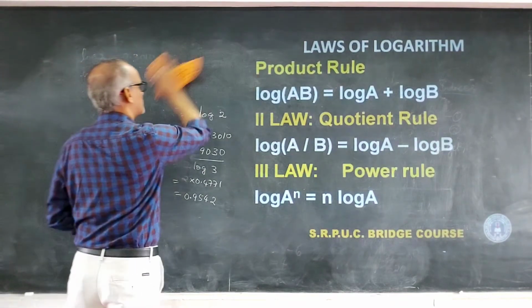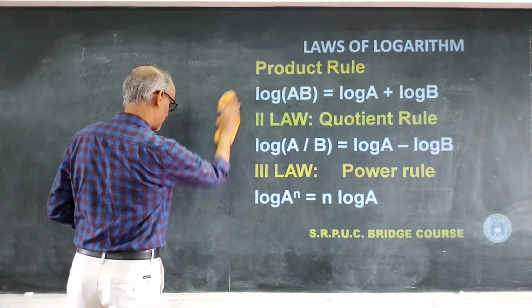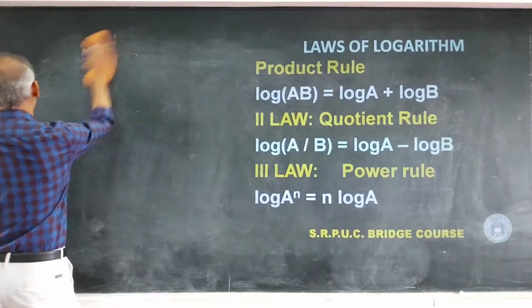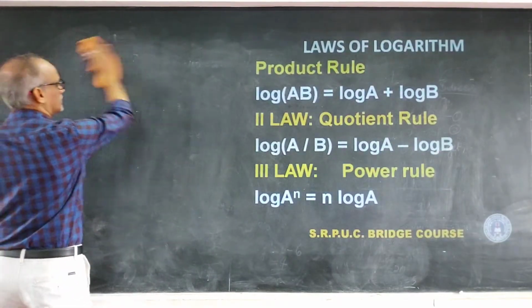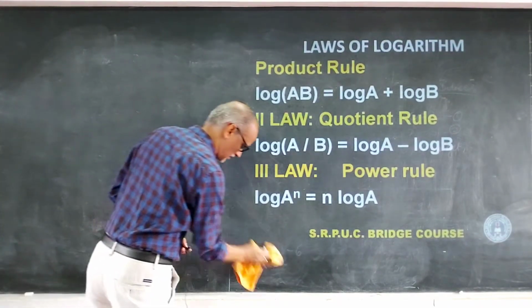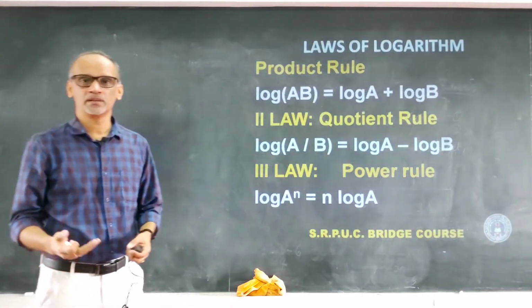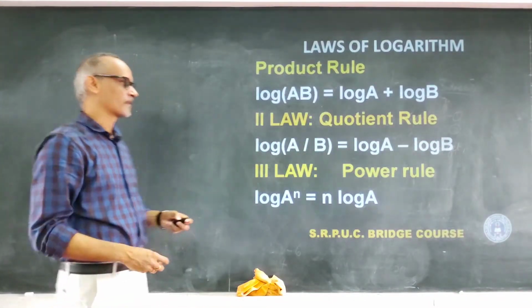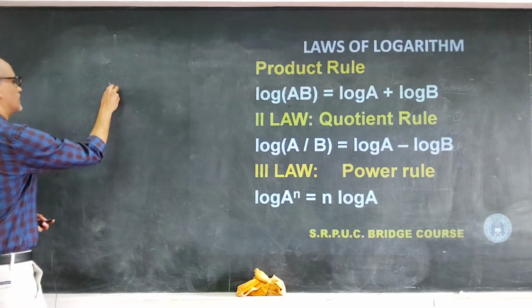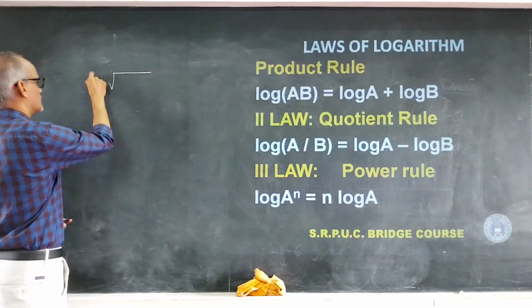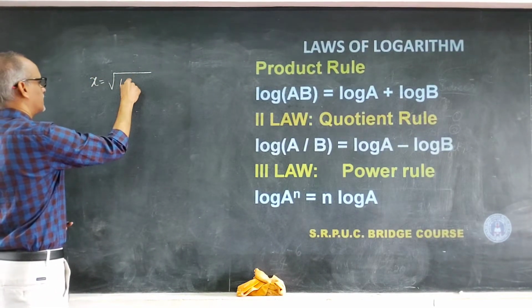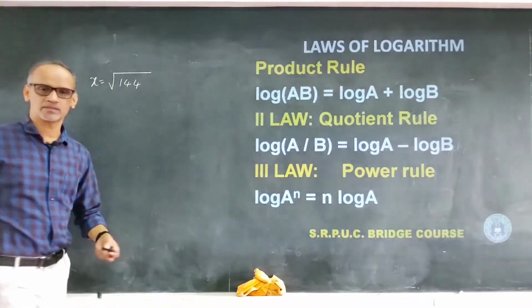So next I'm going to explain an important application of the logarithm, which we normally use in some concepts of physics. First let me give an example for a number. There is a number called x. I want to find the square root of this.